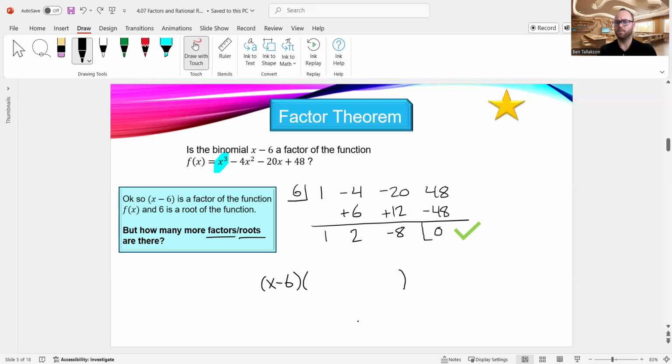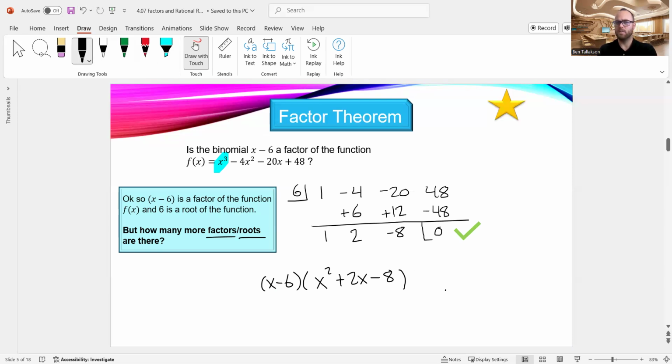Do you see it? Well, in a recent lesson, we learned that this answer right here, including the remainder, but the remainder is 0 in this case, tells you that you have another polynomial, doesn't it?